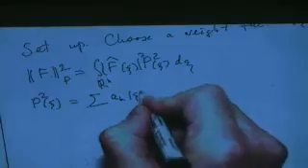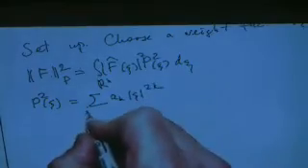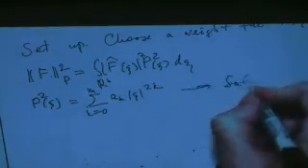For example, if p squared of Xi is the sum of a_k Xi to the 2k, k from 0 to m, we get Sobolev norms.